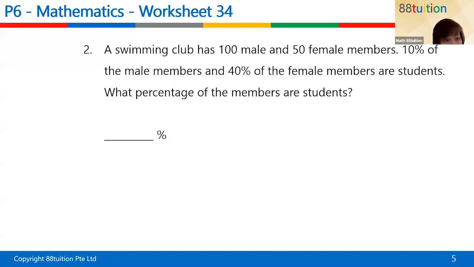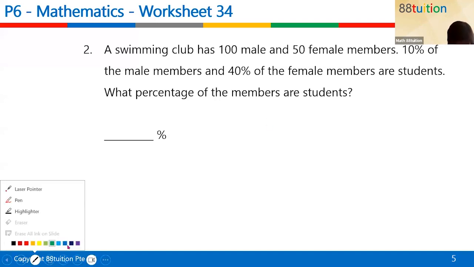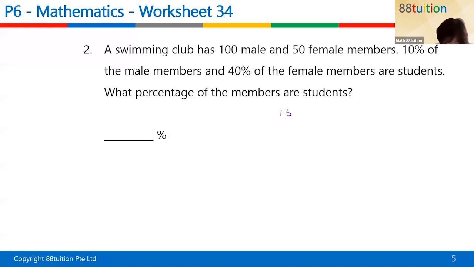Okay. Slide number 2. A swimming club has 100 male and 50 female. So in total, there are 150 people.